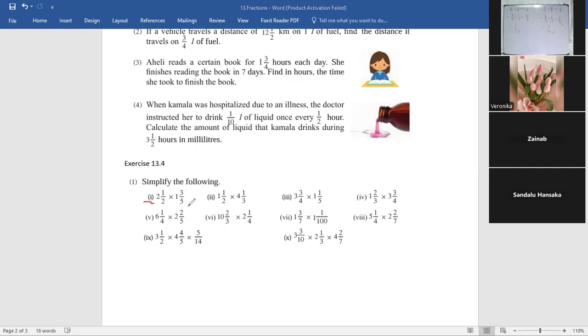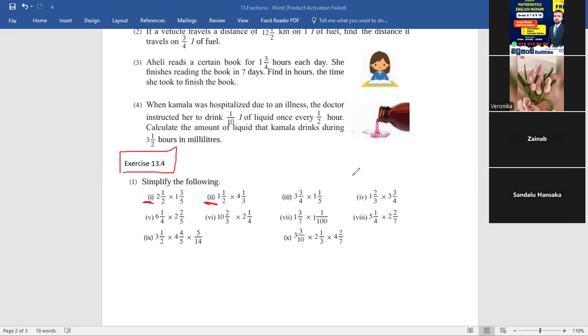Do the first one and the second one of Exercise 13.4, and let me know the answer. Now do it fast. I want to see who finishes first.